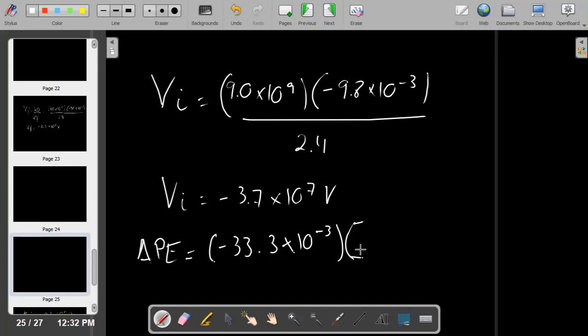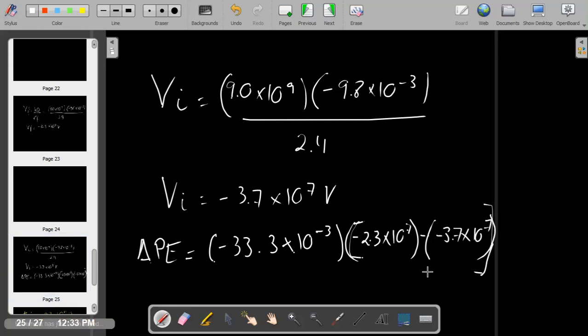I'm going to put a bracket because I have several negatives. 2.3 times 10 to the 7, minus 3.7 times 10 to the 7, and close your bracket. I can put everything in my calculator.